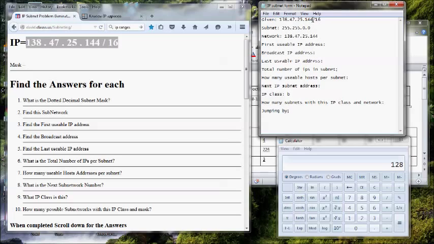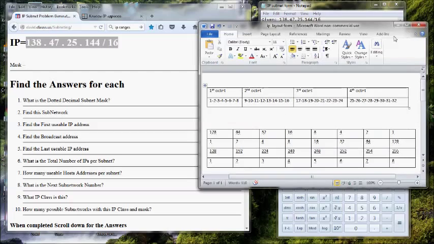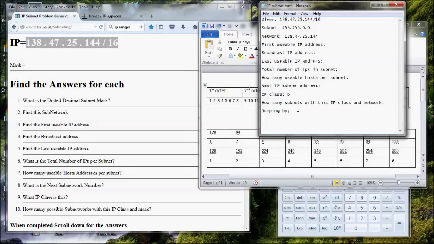And what that means is that by being a 16 in the second octet, it's in the 16th position, which is the 8th position of that octet, which means it's jumping by 1 in the second octet. So we're jumping by 1 in the second.